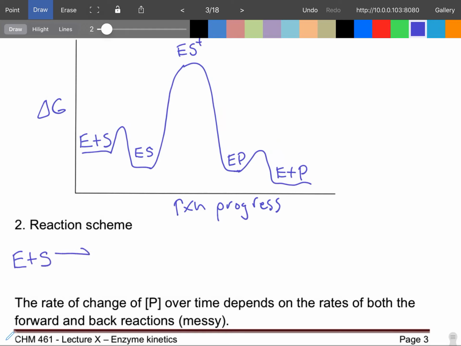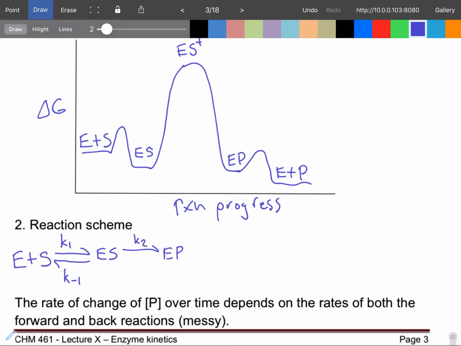That can react, or rather bind, via a rate constant called K1 to form the enzyme substrate complex. Well, the enzyme substrate complex could just fall apart and reform free enzyme and free substrate, and that we're going to call K-1. Alternatively, the enzyme substrate complex could react to form the enzyme product complex. We kind of call that K2.